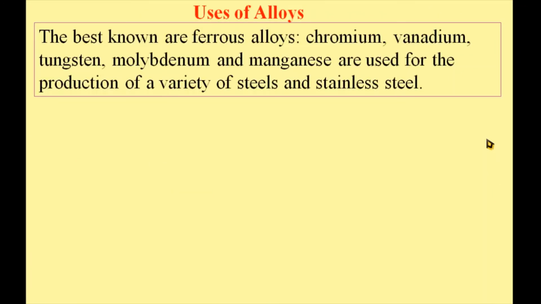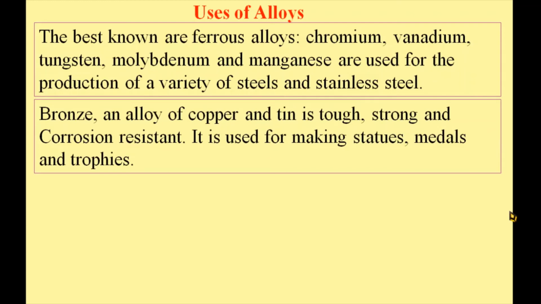Then the uses of alloys. The best known are ferrous alloys. Chromium, vanadium, tungsten, molybdenum and manganese are used for the production of a variety of steels and stainless steels. Iron along with chromium, vanadium, tungsten, molybdenum and manganese is used to prepare steel of various qualities and grades.